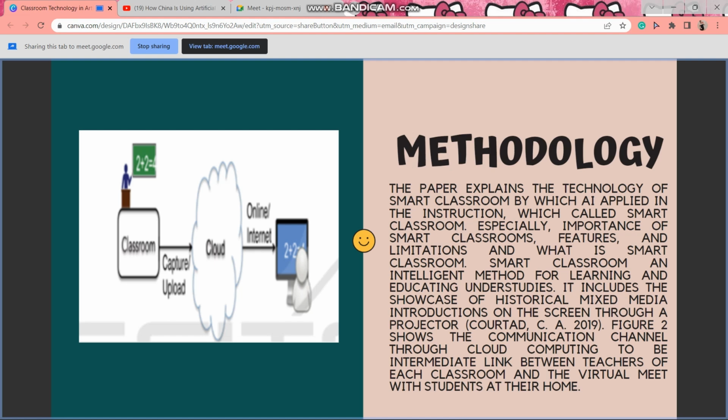Smart classroom, an intelligent method for learning and educating understudies. It includes the showcase of historical mixed media, introductions on the screen through a projector. So for the figure 2, it shows the communication channel through cloud computing to be an intermediate link between teachers of each classroom and the virtual meet with students at their home.